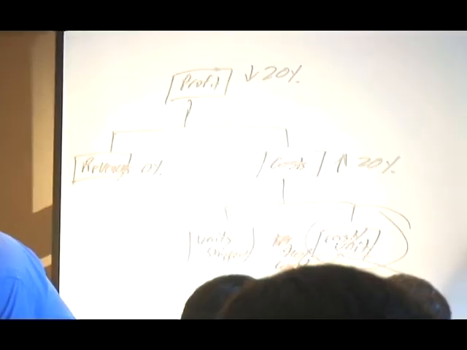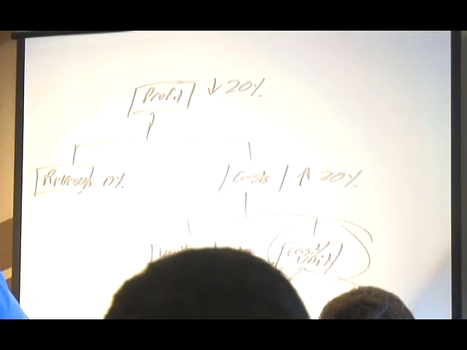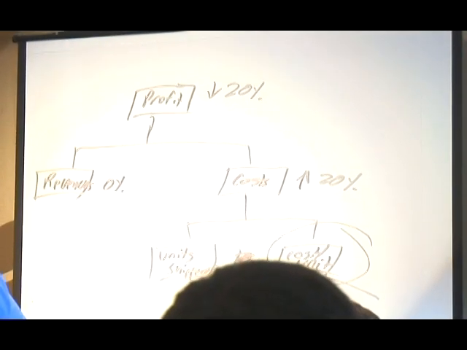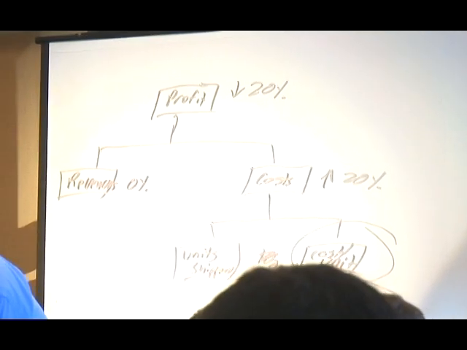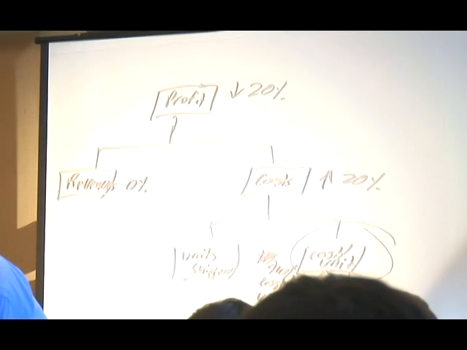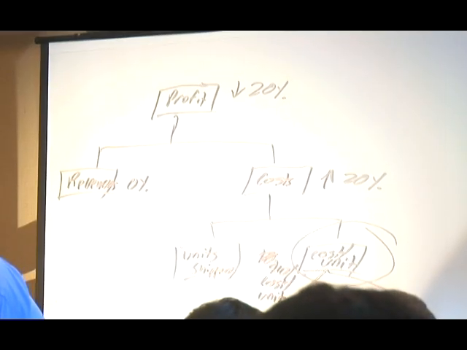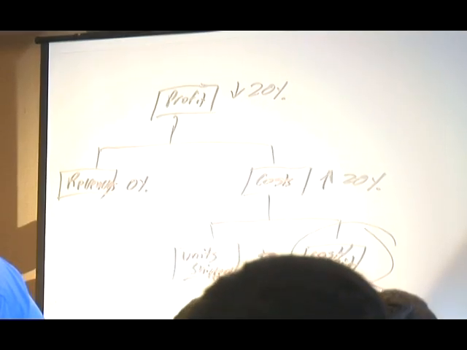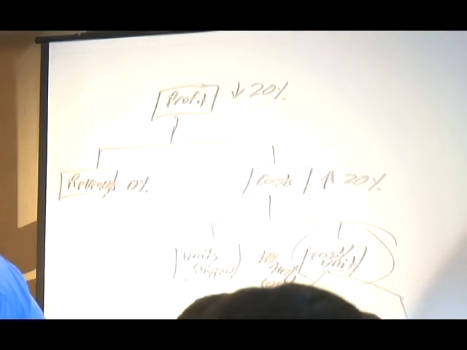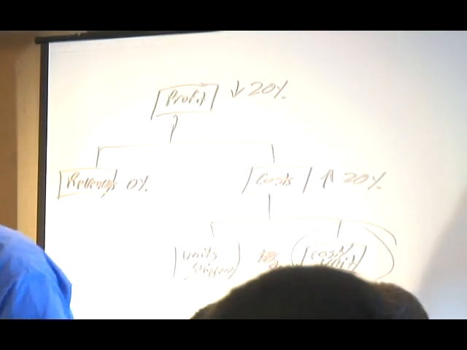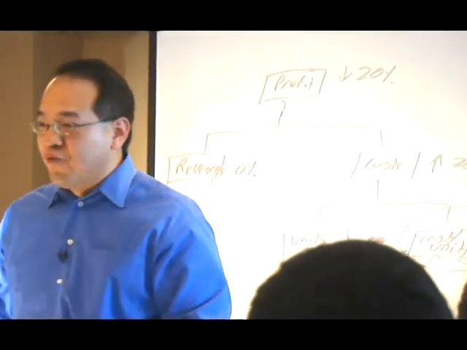Then we want to look at fixed versus variable. And it could be that fixed cost is $8. Well, let's make it $2. And then the question is what's changed the most.